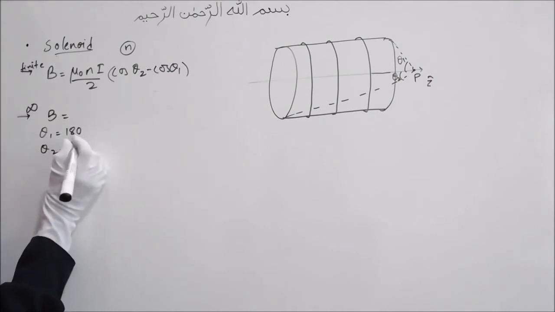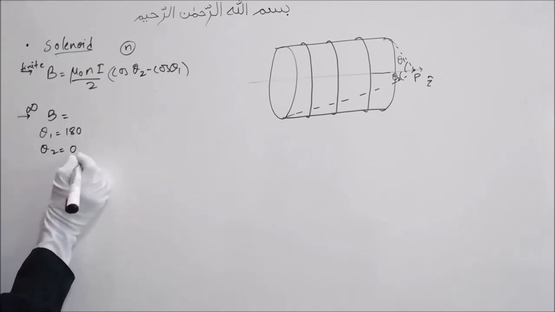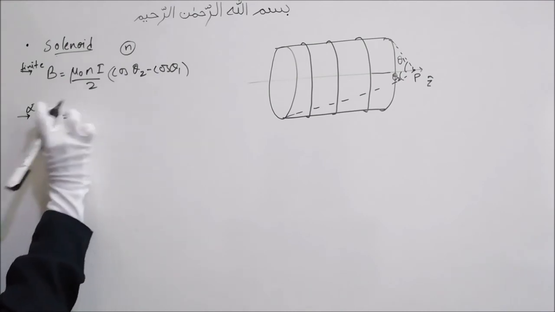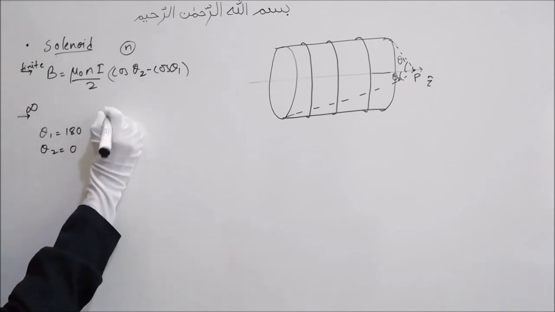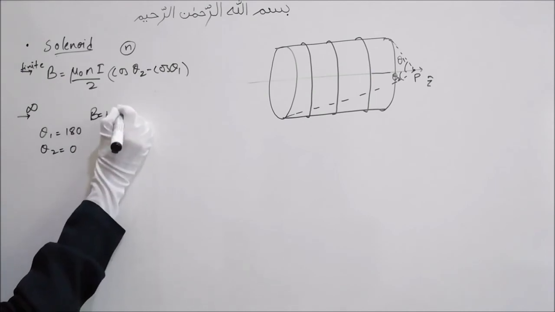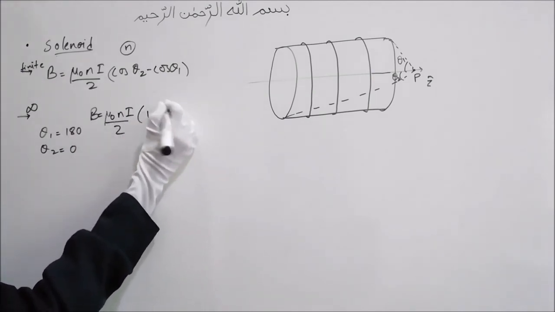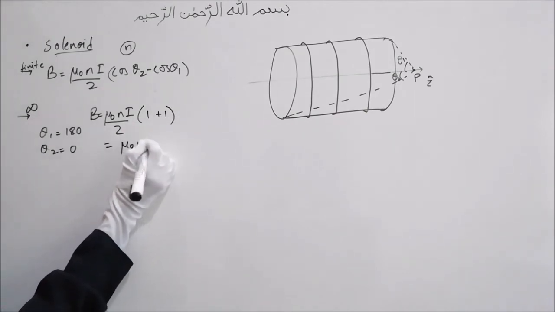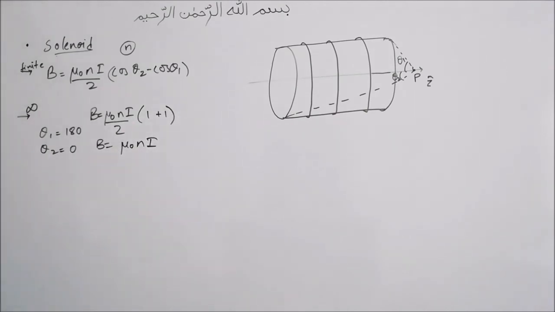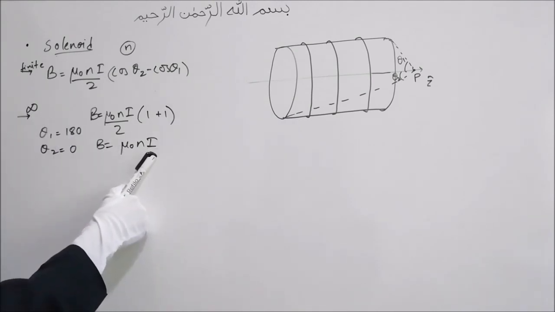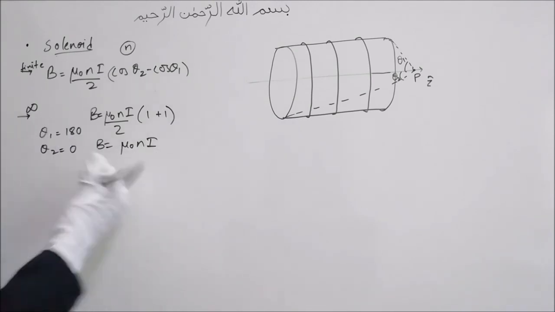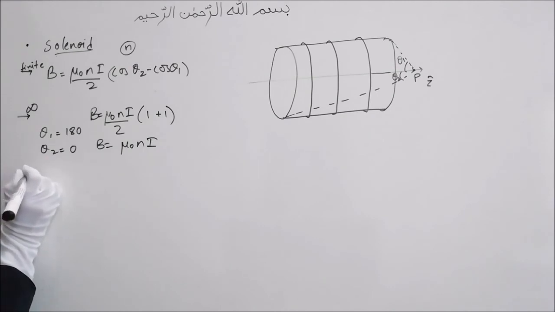Then cos pi is minus 1, cos 0 is 1, and the formula will be B equals mu naught Ni by 2 (1 minus minus 1, that is 1 plus 1). So that will be mu naught Ni. This is the magnetic field at the axis of a solenoid of infinite length, where I is the current flowing through the solenoid and n is the number of turns per unit length of the solenoid.